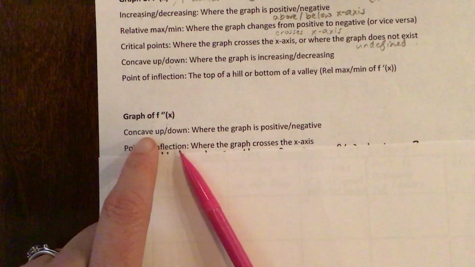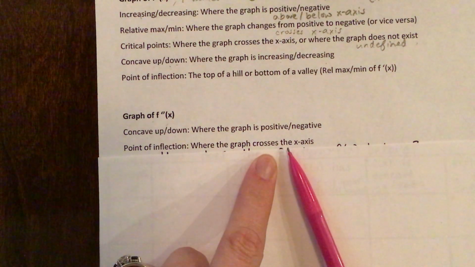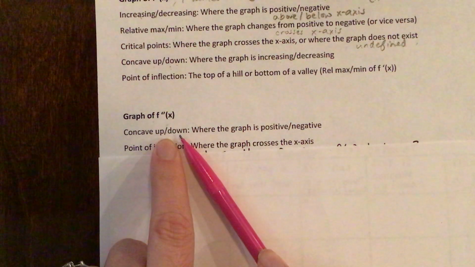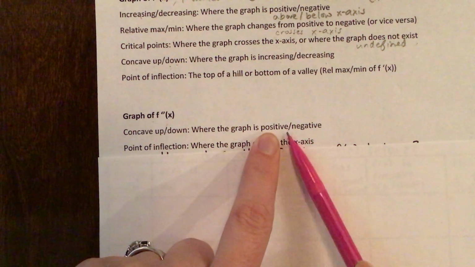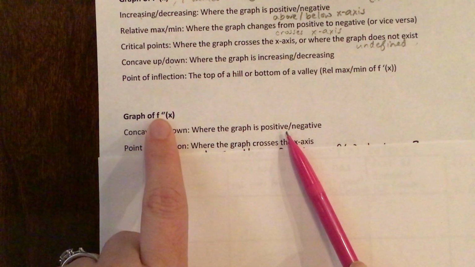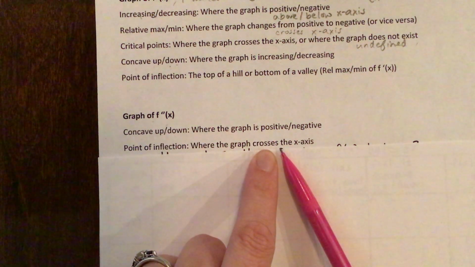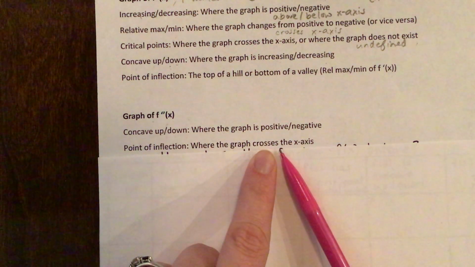The last thing, point of inflection, is where your graph crosses the x-axis, because points of inflection happen where concavity changes. So if the graph is positive and switches to negative, that's going to happen when f double prime of x crosses the x-axis. Okay, switches from positive to negative or negative to positive.